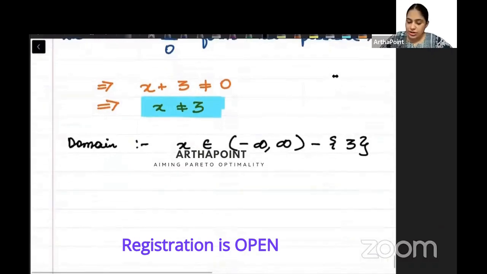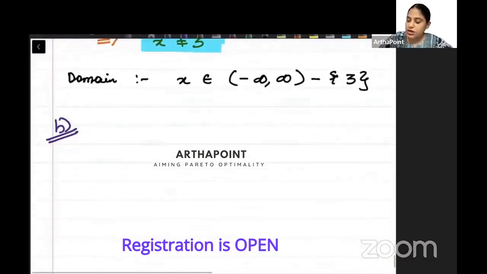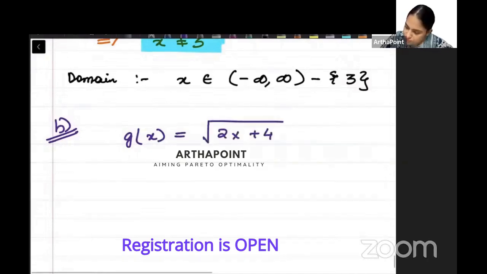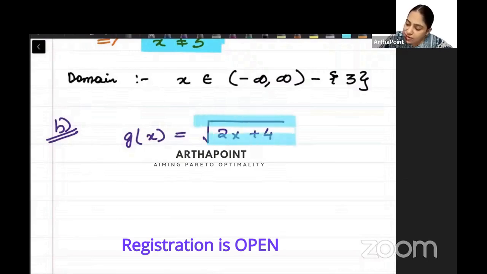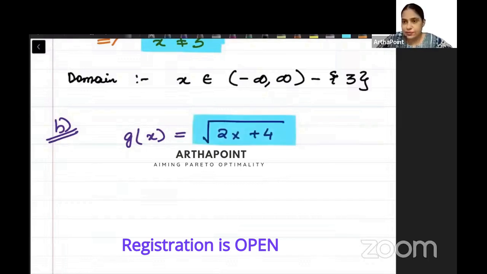ओके बच्चे, now let's take another example. Example number 2. g(x) is equal to root of 2x plus 4. Now we know that whatever comes inside the root has to be non-negative. Negative number का root cannot be found out.